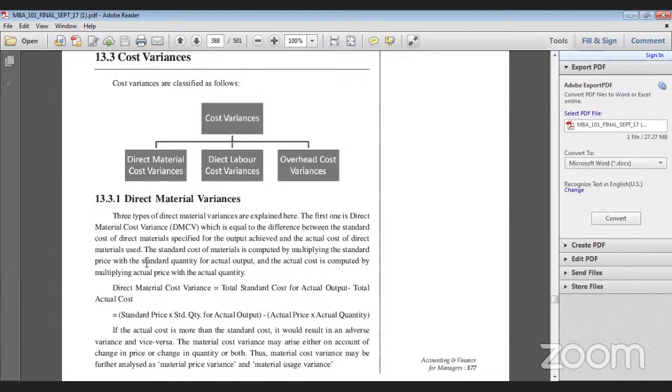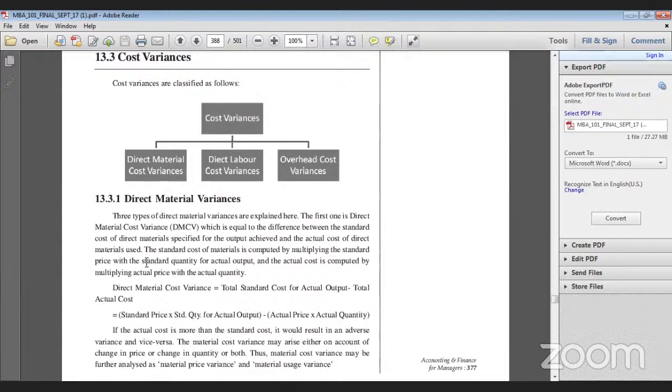The standard cost of the output achieved is the standard price with the standard quantity for equal output, and the actual cost is computed by multiplying the actual price with the actual quantity.